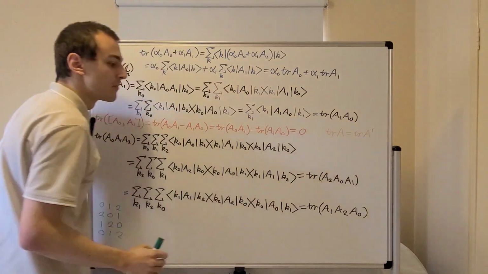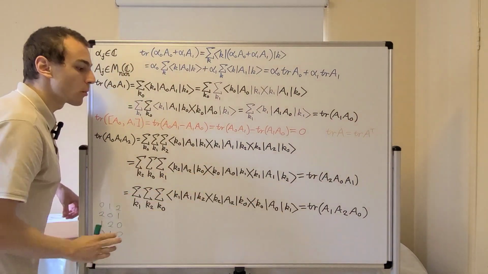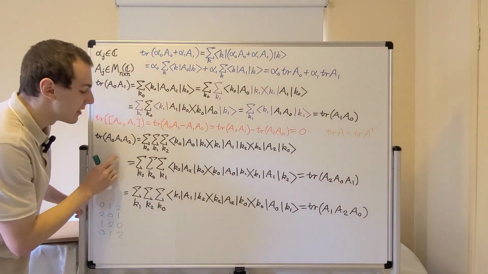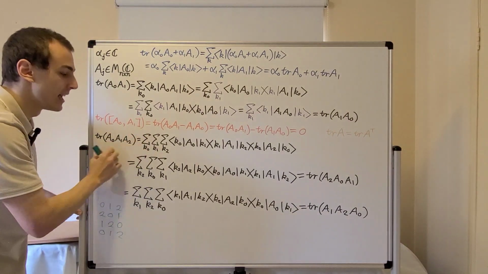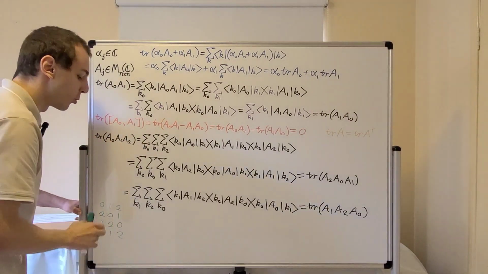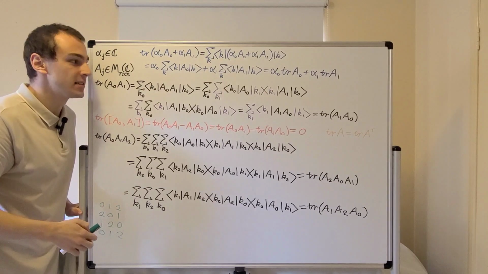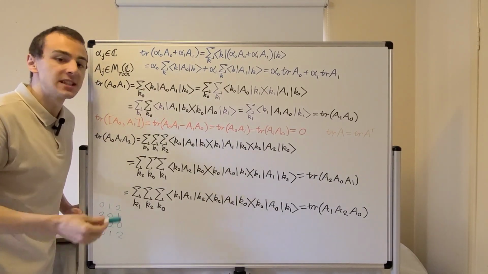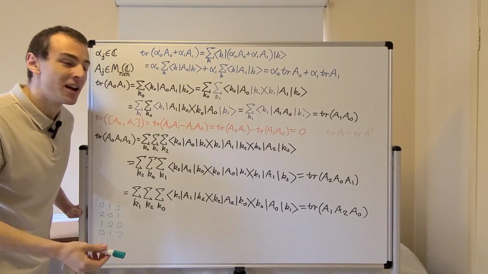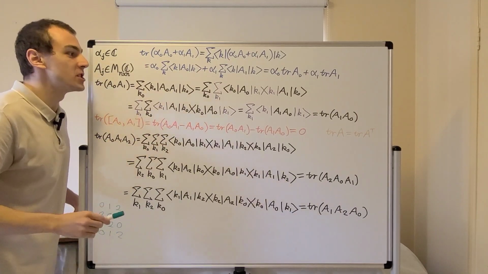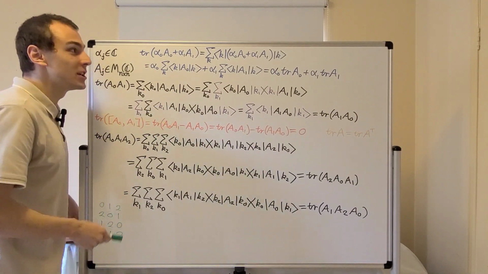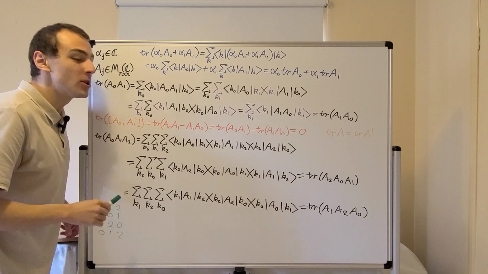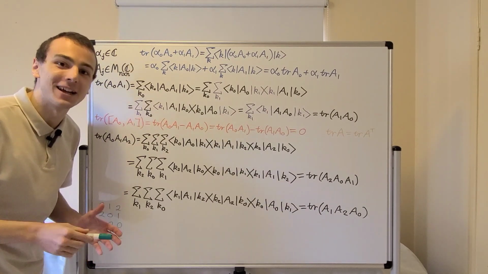There's no difference. And we also saw this cyclic property that is associated with the product of matrices inside the trace. So all of these are essential properties that are very important in understanding quantum mechanics. The trace appears in many equations in quantum mechanics, and we're going to be using this trace in lots of videos in the quantum mechanics playlist.